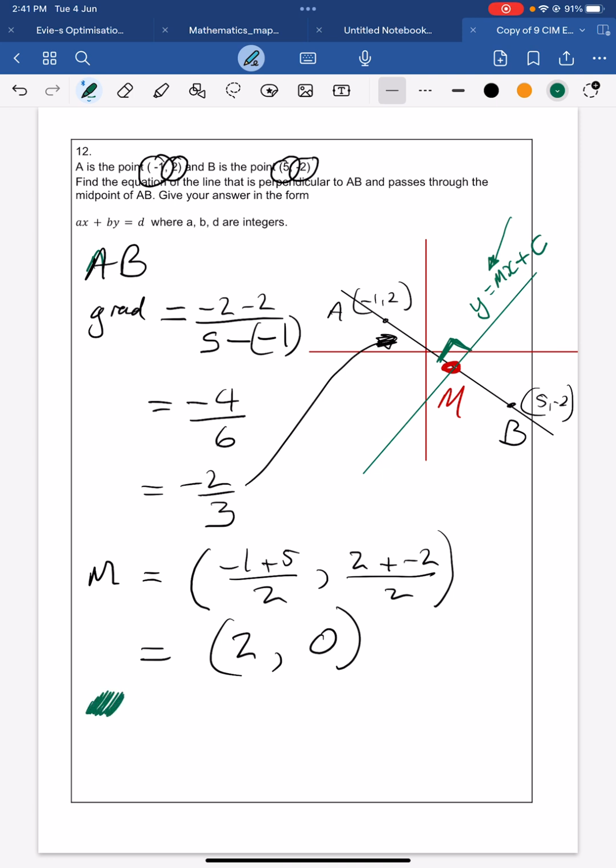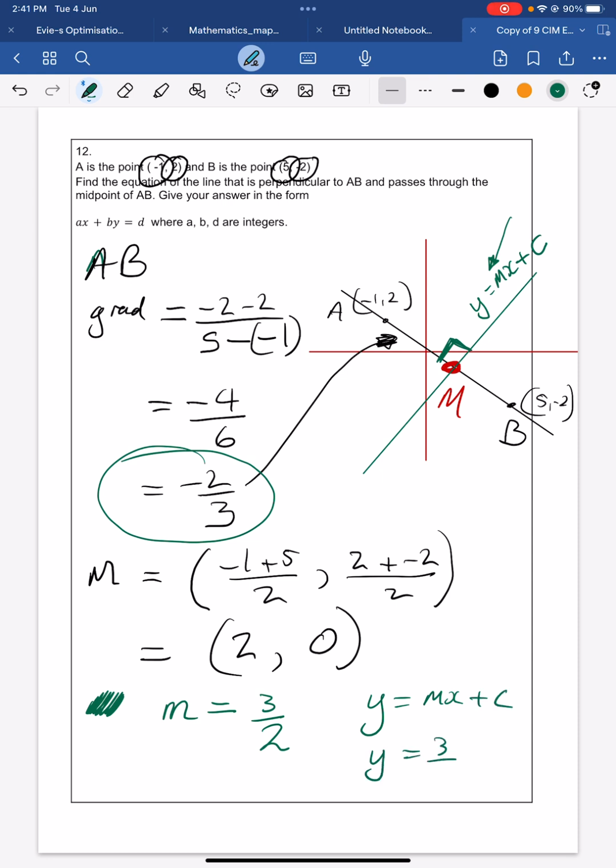Well, look, the gradient of the green line, remember what we said? It's the flip of this. So it's 3/2, and it's positive. And we know the equation is y equals mx plus c. So the equation of the green is y equals 3/2 x plus c. We've just got to find the plus c.